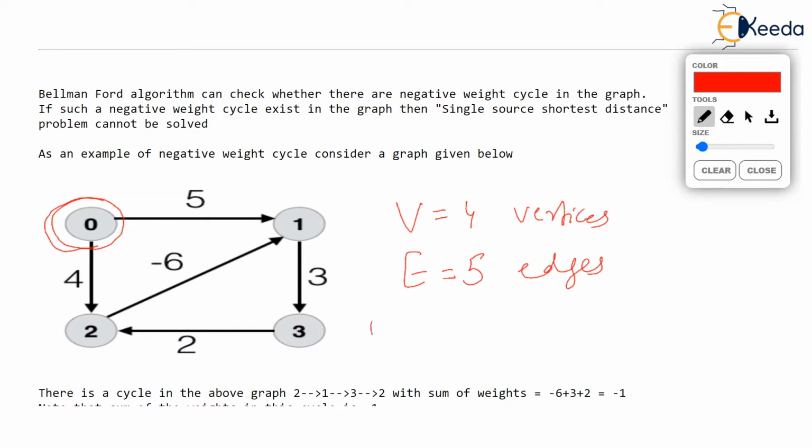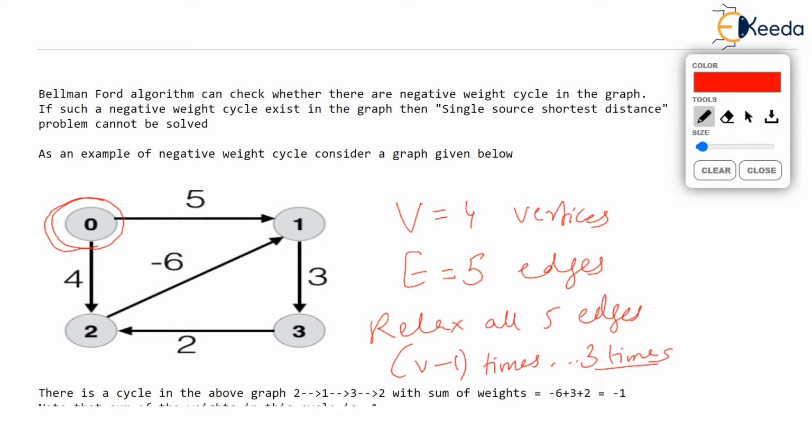So what we have to do is relax all the 5 edges V minus 1 times. That is, we have to relax it 3 times. Okay? So let's try solving this example.